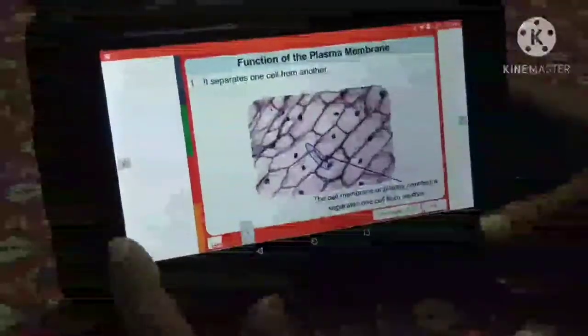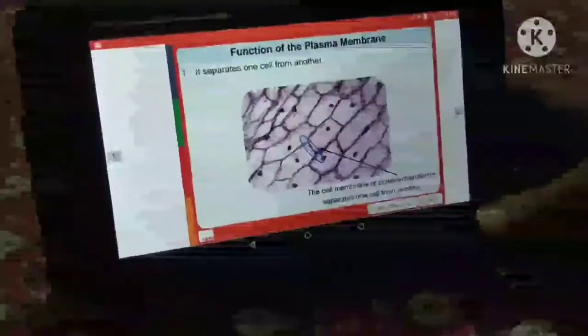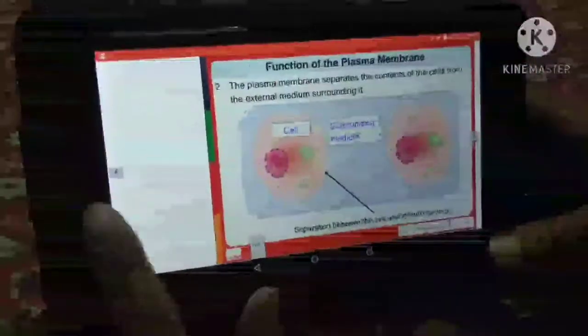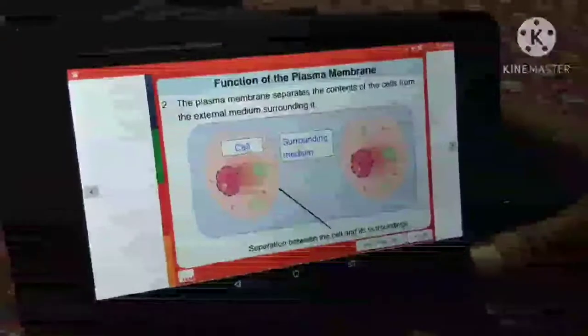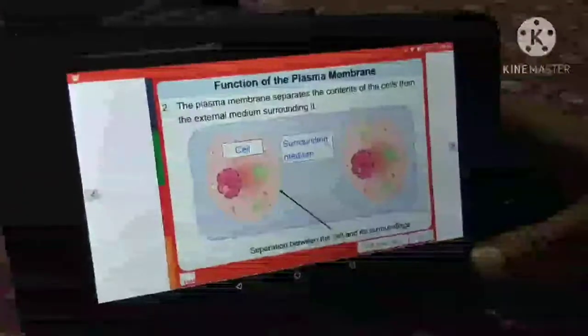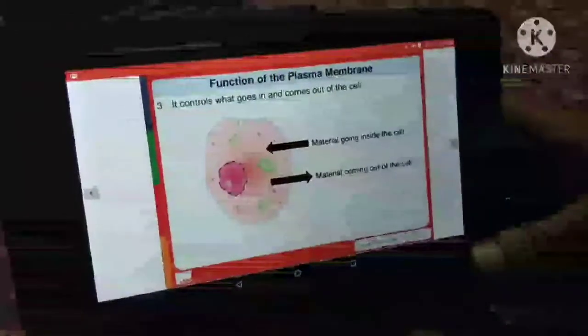It separates one cell from another cell, right? The plasma membrane separates the contents of the cell from the external medium surrounding it. It controls what goes in and comes out of the cell.